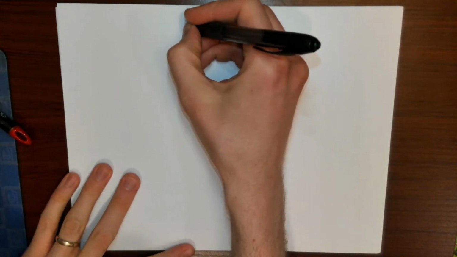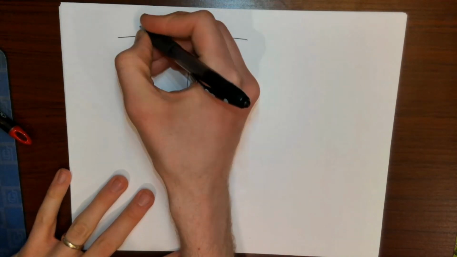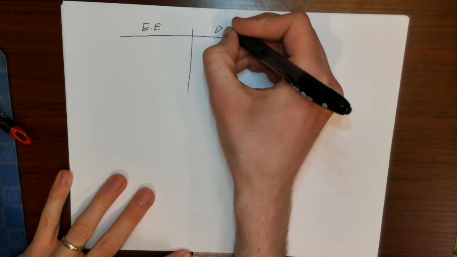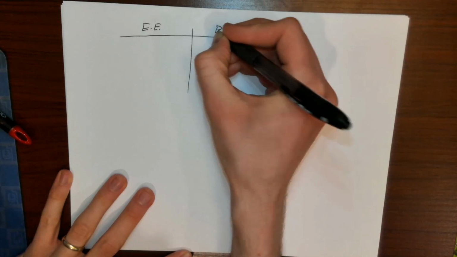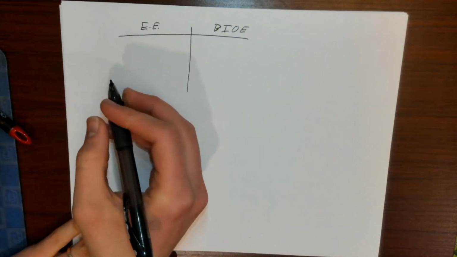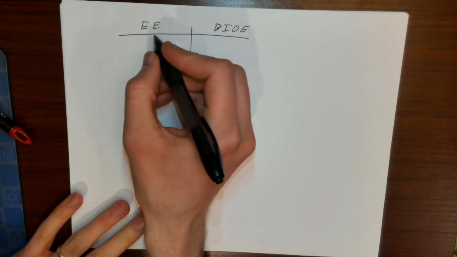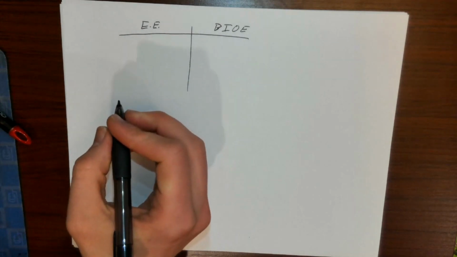In electrical engineering versus bioengineering, we'll build a little chart. In electrical engineering, we talk about flow through voltage drops, electrical current, and resistors.